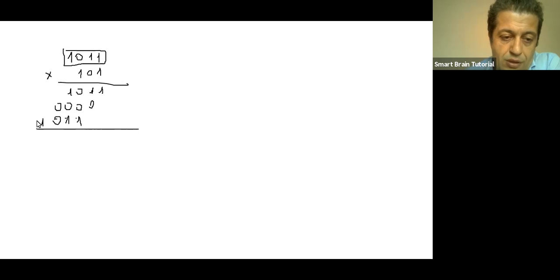Now that the time for making the addition has come, we can fill with zeros those empty places to make the operations easier for us. So we have 1 plus 0 plus 0, it is 0. 1 plus 0 plus 0, it is still 0.